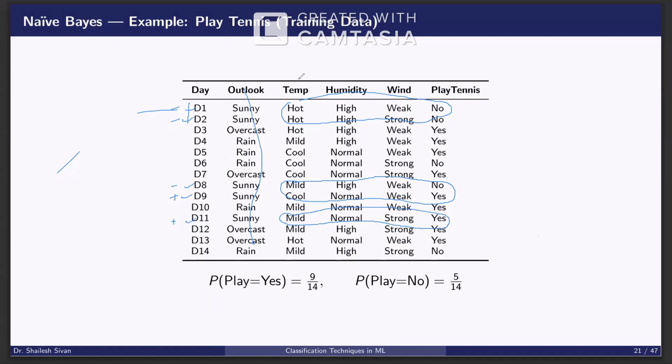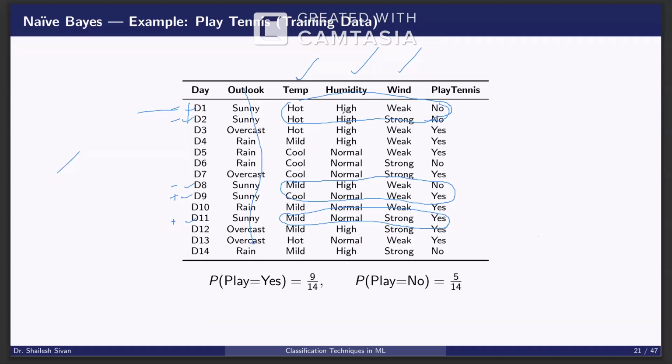So there are three features: temperature, humidity, and wind. Among these, which one is more informative?